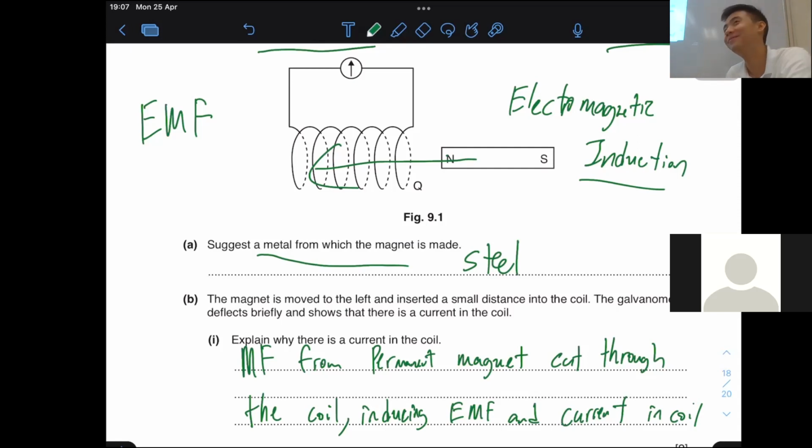What does electromagnet mean? Electromagnets are electricity-induced magnets. You know what's an example of an electromagnet? That thing where I press the door button. When the button is not pressed, the magnet is actually attracting the iron. That's why the door is stuck together.